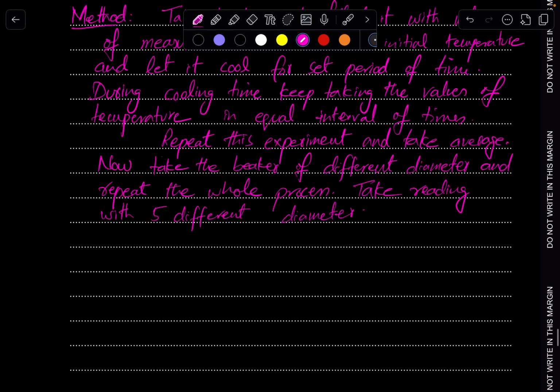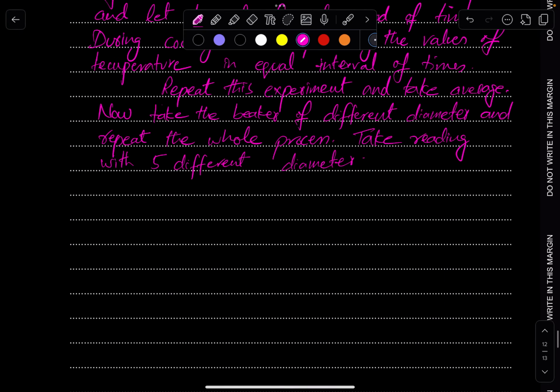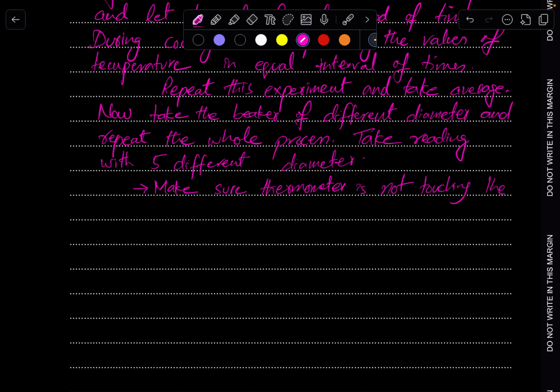Now you have to draw the table. We are done with the brief description of the method. We have included what we are measuring. Next, how you will make sure your measurements are accurate. For accuracy, since we are measuring temperature, one precaution can be to make sure the thermometer is not touching the surface of the beaker.